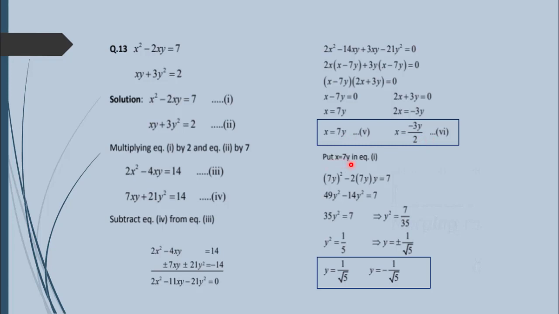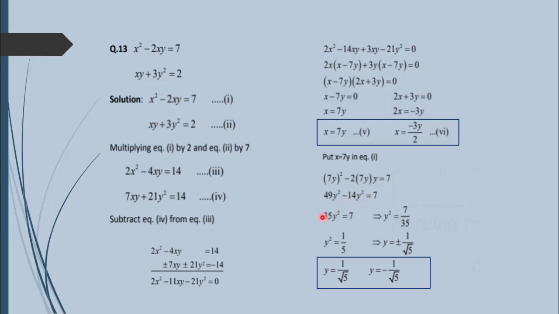Putting x is equal to 7y in equation 1, we get 7y square minus 2 times 7y times y is equal to 7. Solving it, we get 49y square minus 14y square is equal to 7.